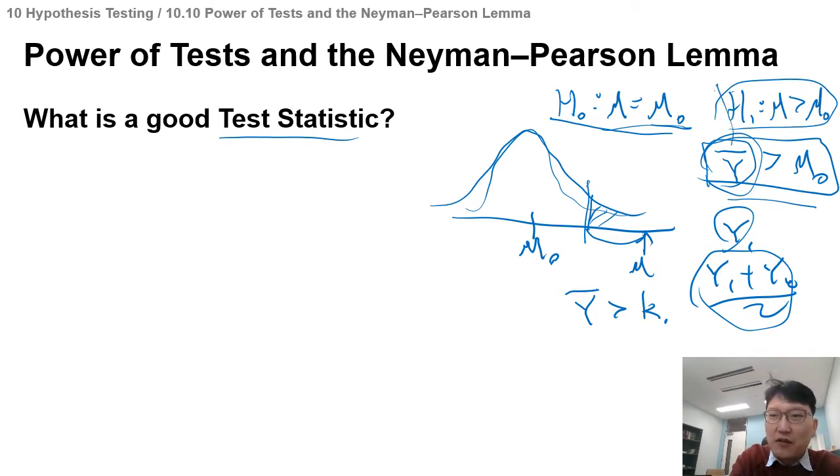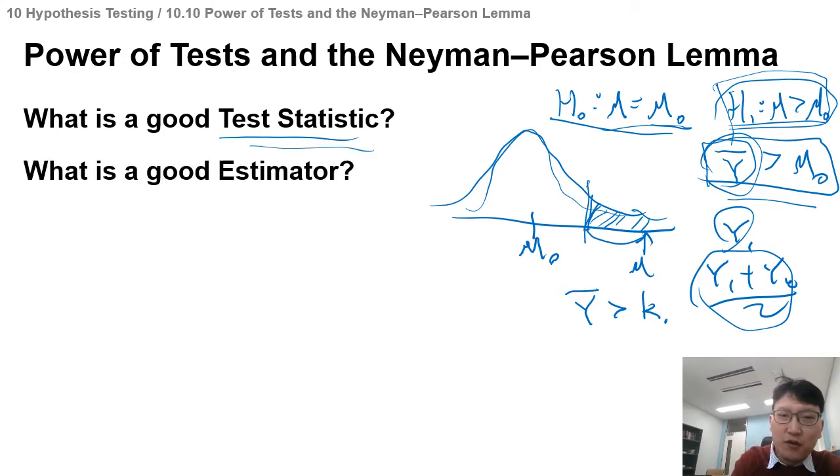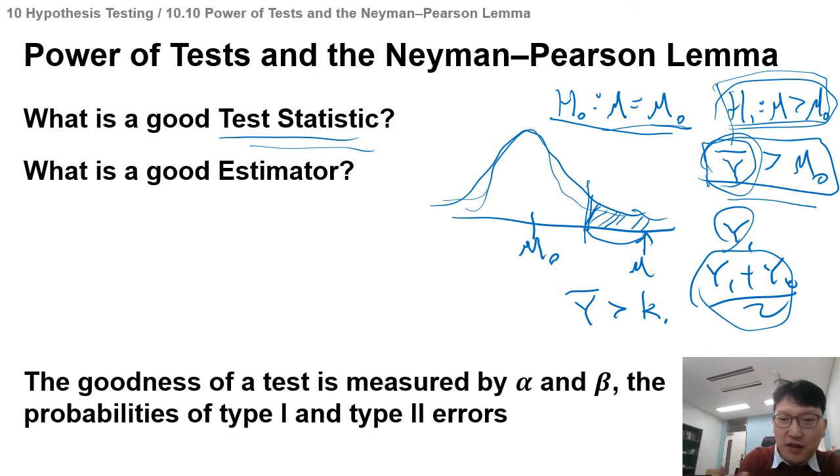And if the alternative is true, we want to reject the null hypothesis. In that case, we would have larger rejection regions. Also on the test statistic side, we want an estimator with smaller variance, and that's the concept of power that we want to talk about here. So the goodness of a test is measured by alpha and beta, the probabilities of type 1 and type 2 errors. And usually we fix the type 1 error.